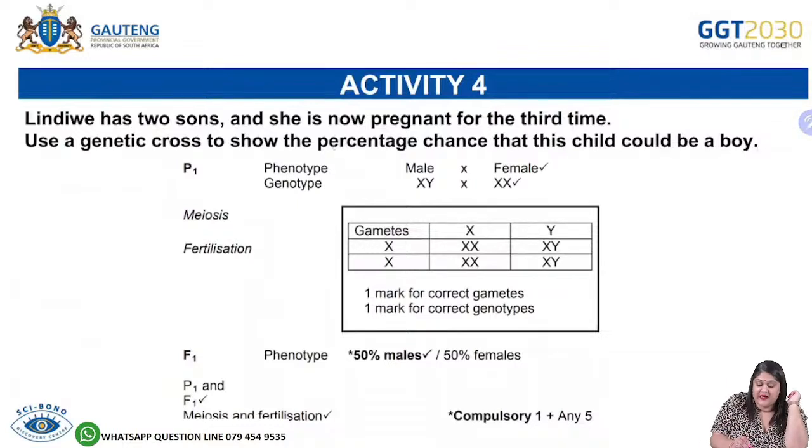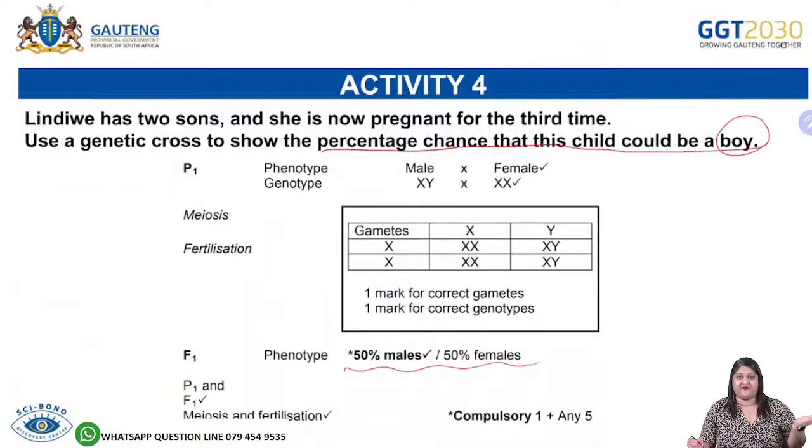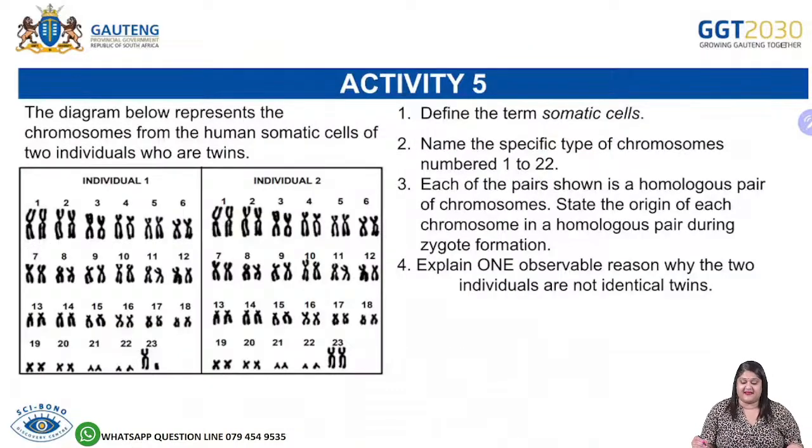They're asking us what percentage chance that this child could be a boy. So we look there, and as you know, you're going to get 50-50, but they wanted you to work it out. You had to show a genetic cross. So you could not just say 50% females, even though you know that. The teacher has taught you that, right? But they want you to do a genetic cross, and then you will see that it is 50% males.